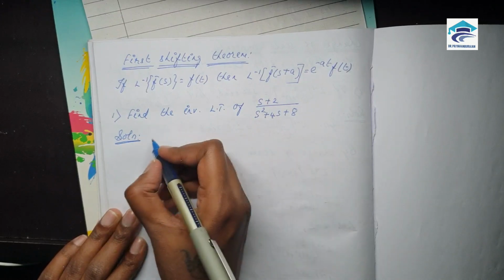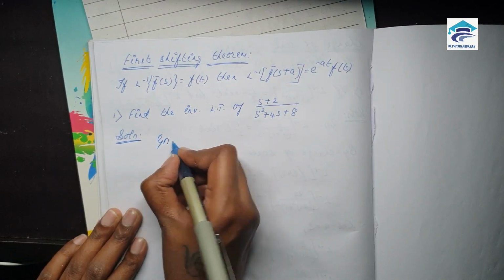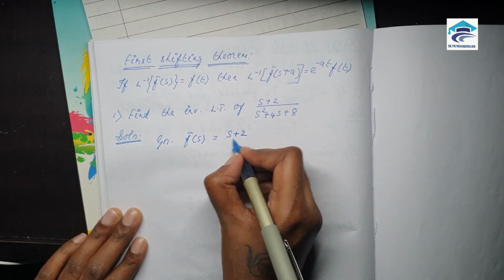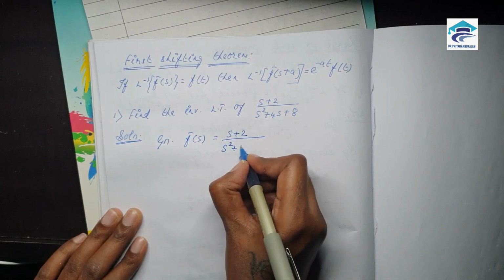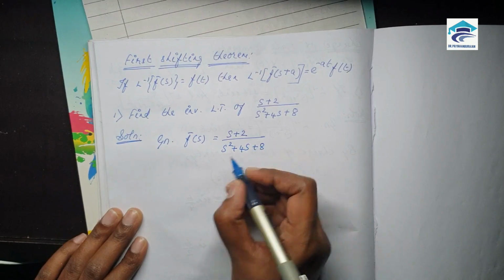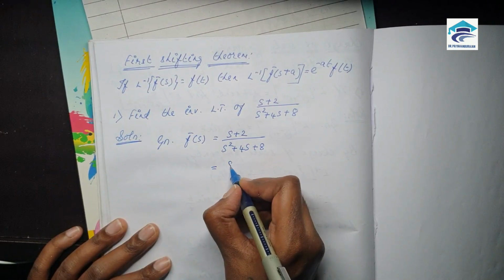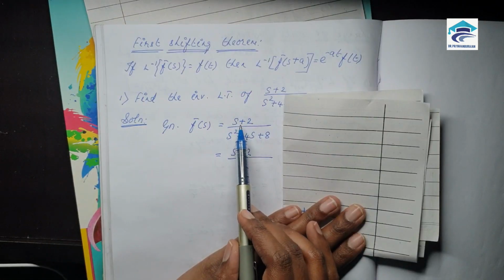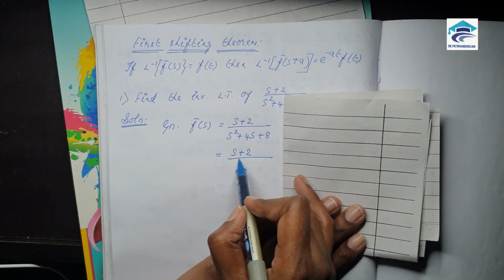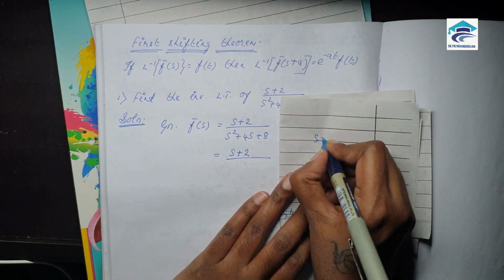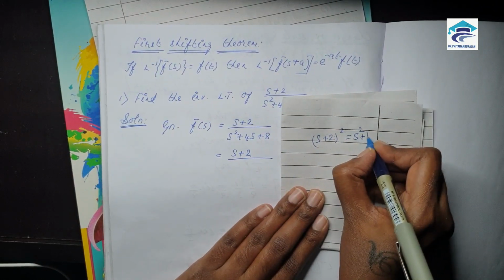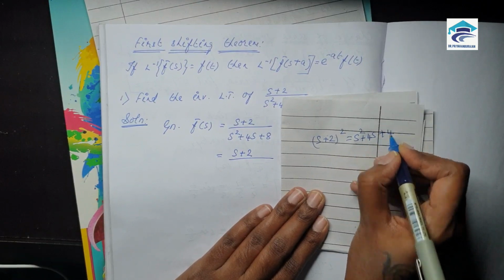So this is our f bar of s, given f bar of s is equal to s plus 2 by s squared plus 4s plus 8. So clearly s is shifted as s plus 2. So what is s plus 2 the whole squared? S plus 2 the whole squared is equal to s squared plus 4s plus 4.